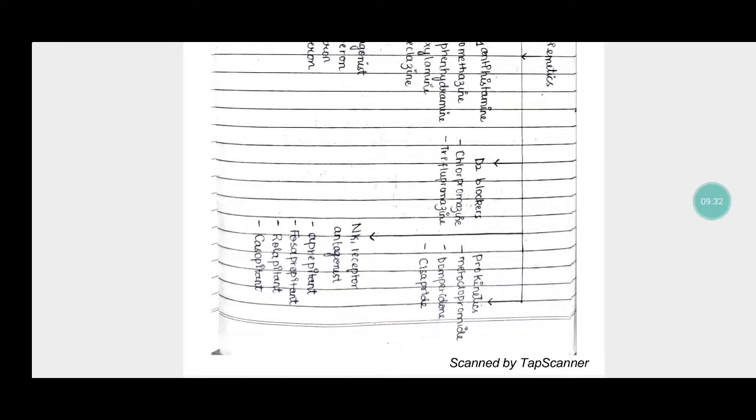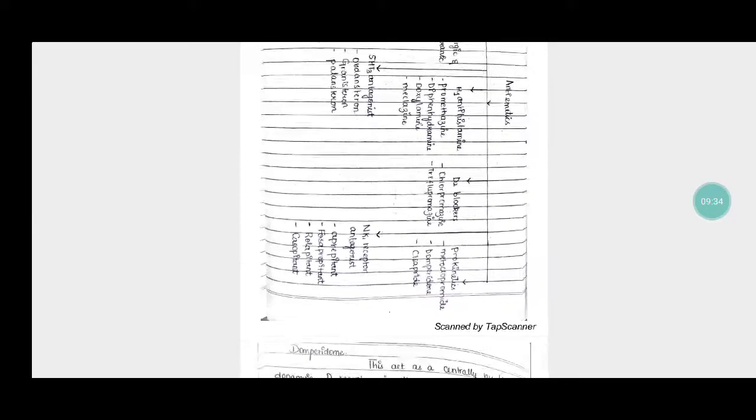D2 blockers, that is dopamine blockers: chlorpromazine and trifluoperazine are the examples. NK1 receptor antagonists: aprepitant, casopitant and fosaprepitant are the examples. And lastly prokinetics, in that metoclopramide, domperidone and cisapride are the examples for the prokinetics in antiemetic drugs.